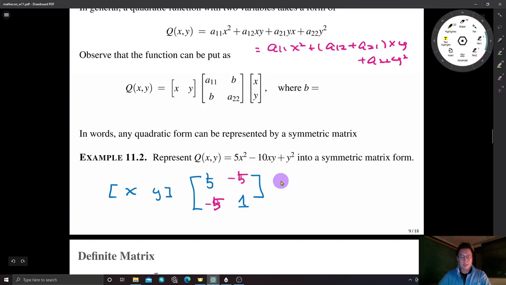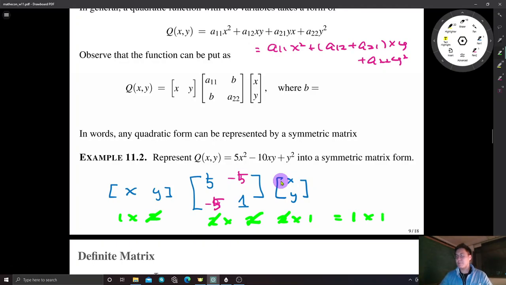And lastly, we have the column vector (x, y). Notice that this is a 1 by 2 matrix, this is a 2 by 2 matrix, and this is a 2 by 1. So by the rule of multiplication, these are cancelled, and we are left with 1 by 1. That is a scalar, a number. And this quadratic form is a number. So we end up with the same expression.